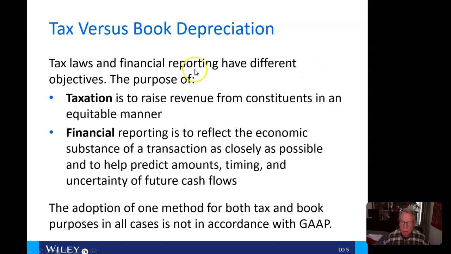Very important. Future cash flows. The adoption of one method for both tax and book purposes in all cases is not in accordance with GAAP.